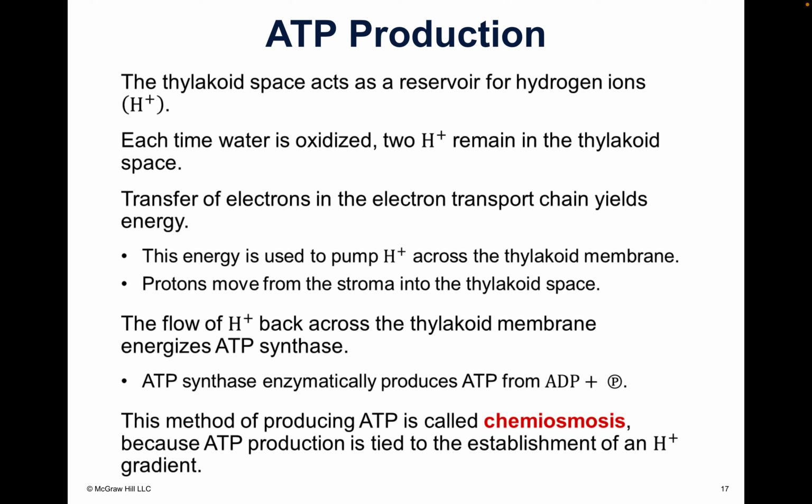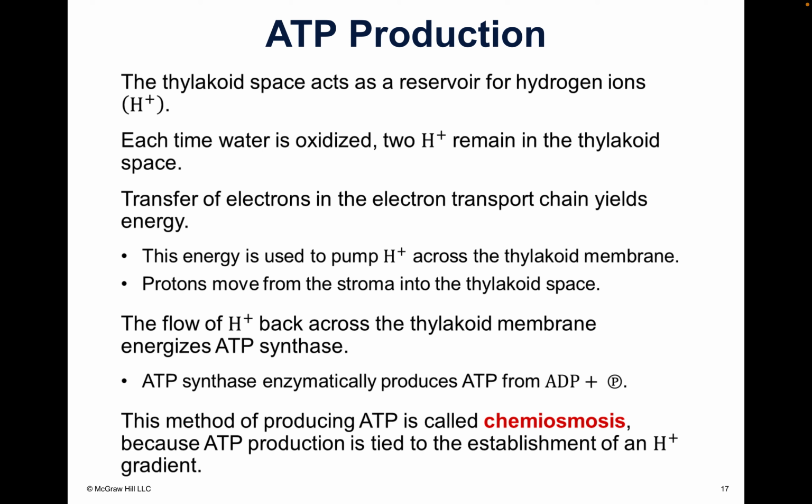So each time water is oxidized, so each time water loses an electron, 2 hydrogen ions remain in the thylakoid space. Sorry, I dropped my pen. So transfer of these electrons in this electron transport chain yields energy, which means it puts out energy. This energy is used to pump hydrogen ions across the thylakoid membrane.